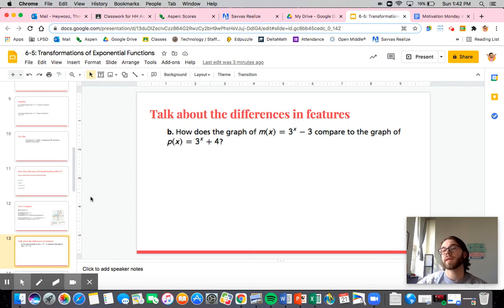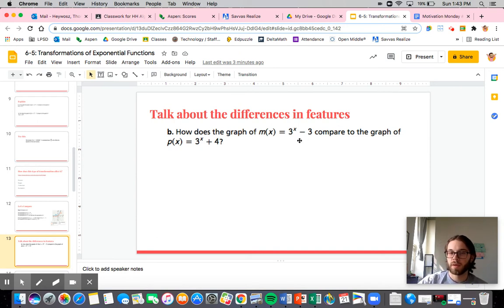So if we were to look at this, how does this compare? Well, they're going to have the same basic shape. This one is going to have an asymptote of 4, a range of greater than 4, and a y-intercept of 5. This one, you're going down 3. You're going to have an asymptote of negative 3, a y-intercept of 1 minus 3, which is negative 2, and a range of negative 3 to infinity.